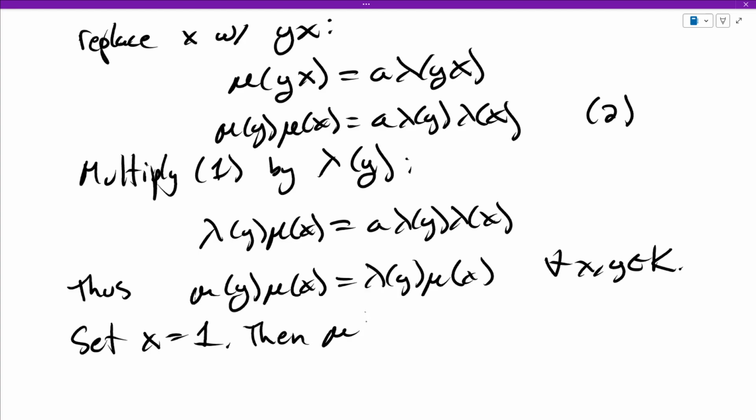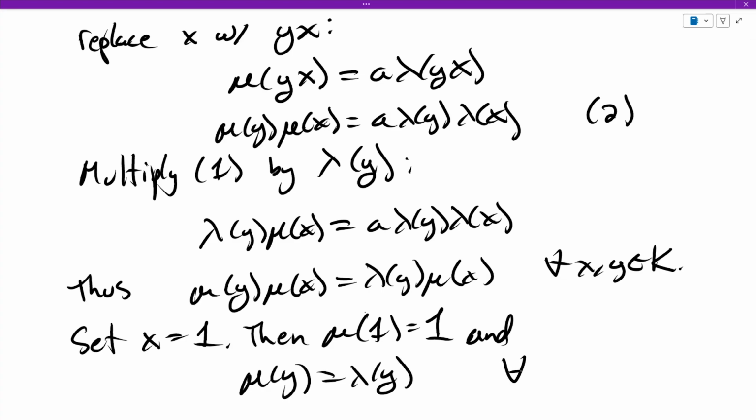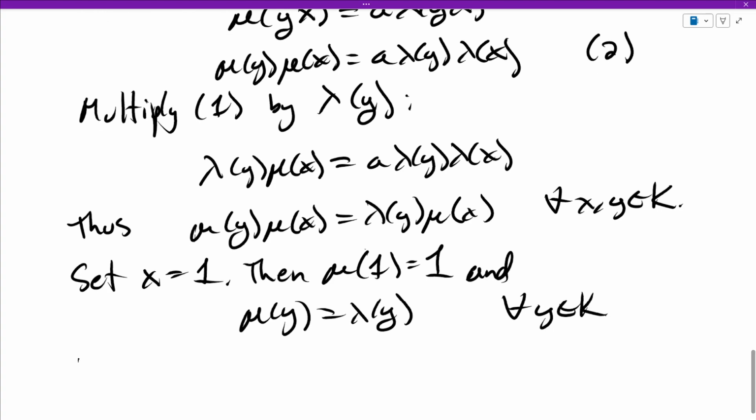Then mu of 1 is certainly 1. So these become a 1, that becomes a 1, that becomes a 1. We get mu of y is lambda of y, and this is for all y in k. So mu and lambda agree on all inputs. So mu is equal to lambda.